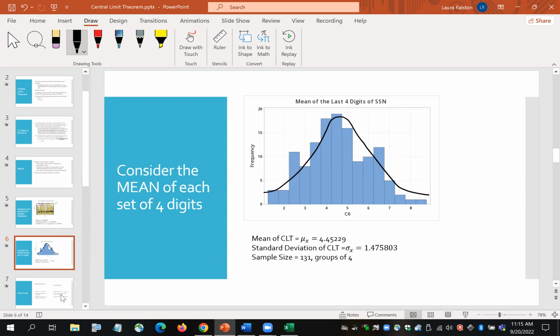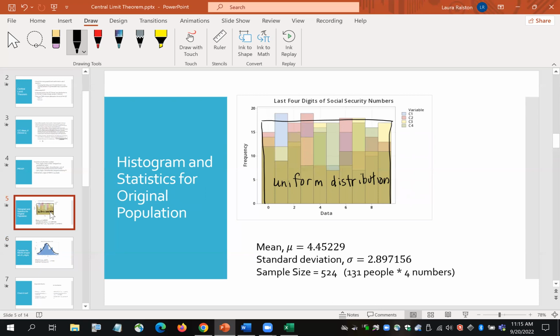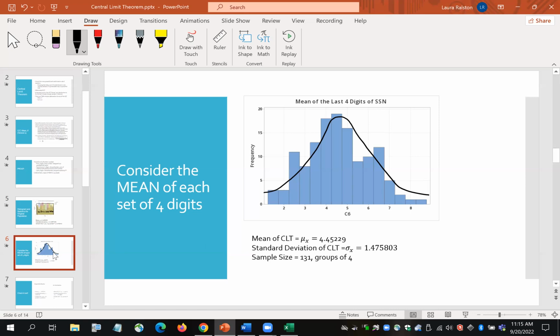The central limit theorem says if I take samples of a large enough size, and our size in this particular proof, if you will, is 4, because I'm looking at 4 digits, and because I had 131 people, that's sufficiently large enough. I went from having a uniform distribution to having an almost perfect symmetric normal distribution.